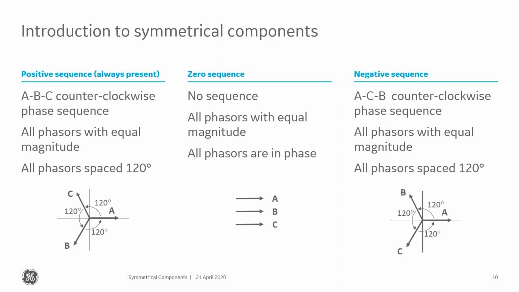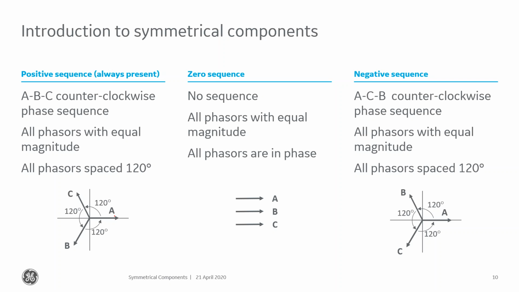Now, the positive sequence network is what we expect to see in place if we have balanced power conditions, balanced load conditions, or a balanced power system. And this particular network looks just like what we expect to see on our phases in the steady state. So we've got an ABC rotation going counterclockwise.